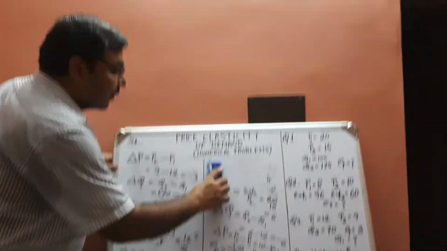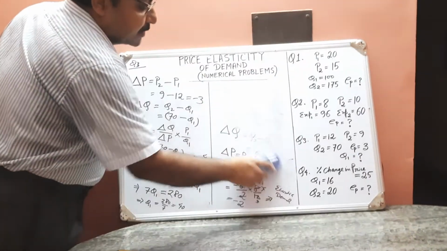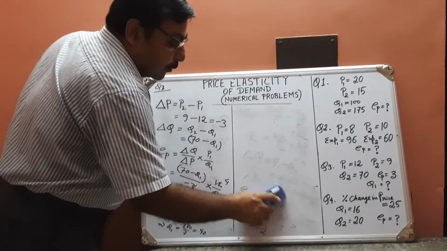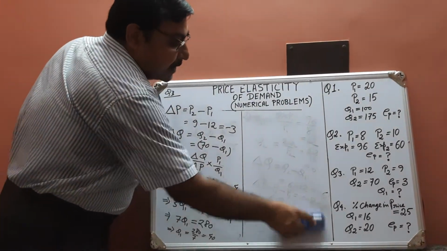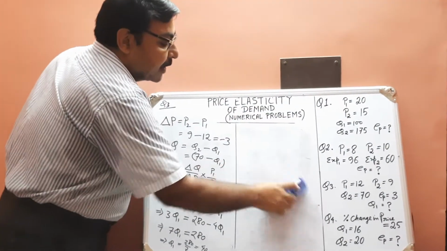Whenever any information is given in percentage form, we will use the original formula. Up to this time we have used the formula EP is equal to delta Q by delta P into P1 by Q1.